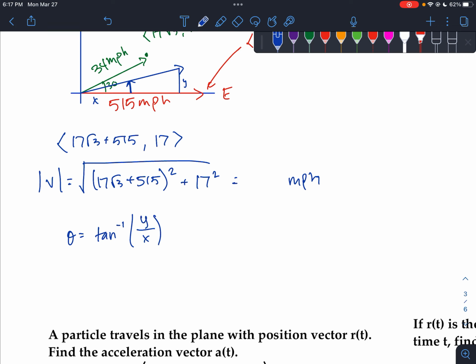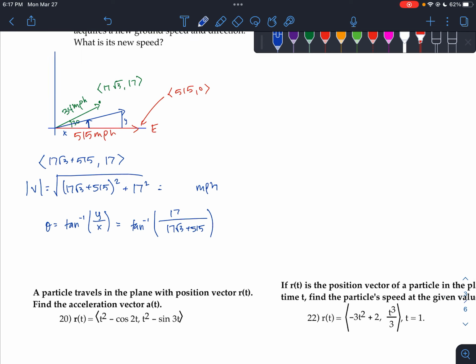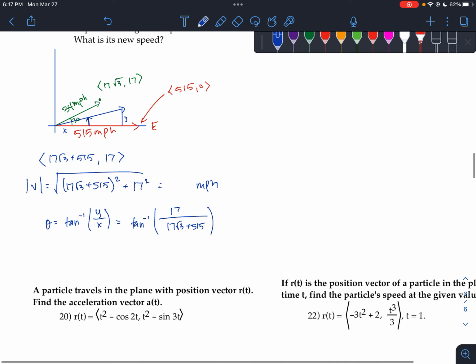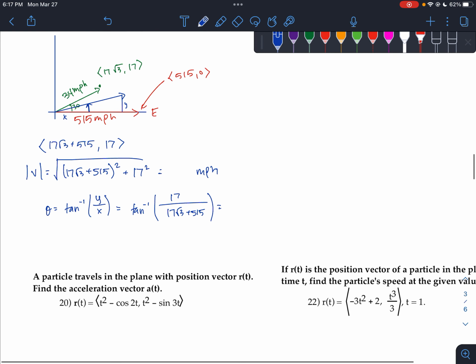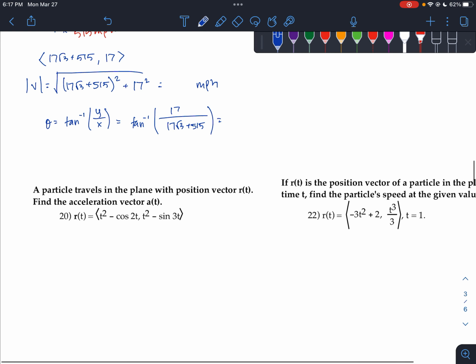So your y value here, 17, divided by 17 square root of 3 plus 515. That's going to be your new direction, in degrees, so make sure your calculator's in degrees. All right, there you go.